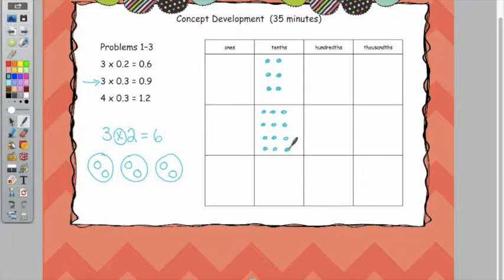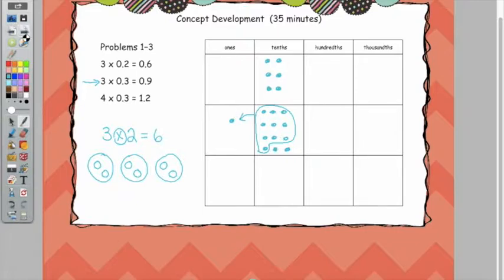So who knows what I do when I've got more than 9? Bundling. And you know all about bundling, don't you? So if I bundle 10, everyone bundle 10. What do we have here? Do we have 1.2? Yes. 1.2. Okay, so let's look at the next slide.